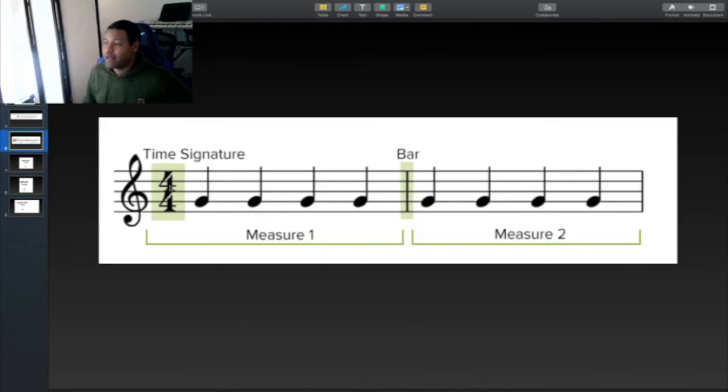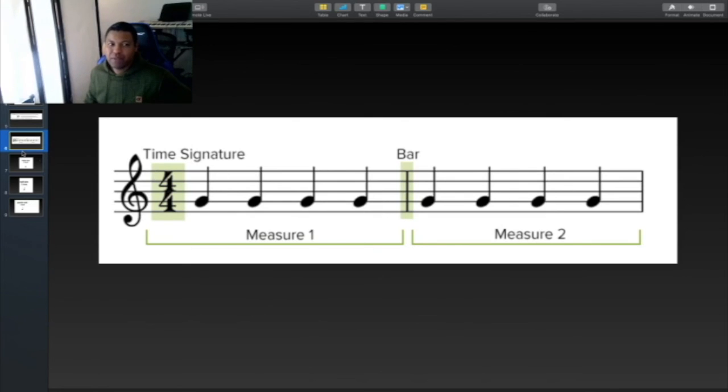It demonstrates the beats per measure. So what number is this? This is number 4. So there are 4 beats per measure. Now, if we remember, these are quarter notes, and a quarter note equals 1 count. That's why we can fit 4 quarter notes into 1 measure.